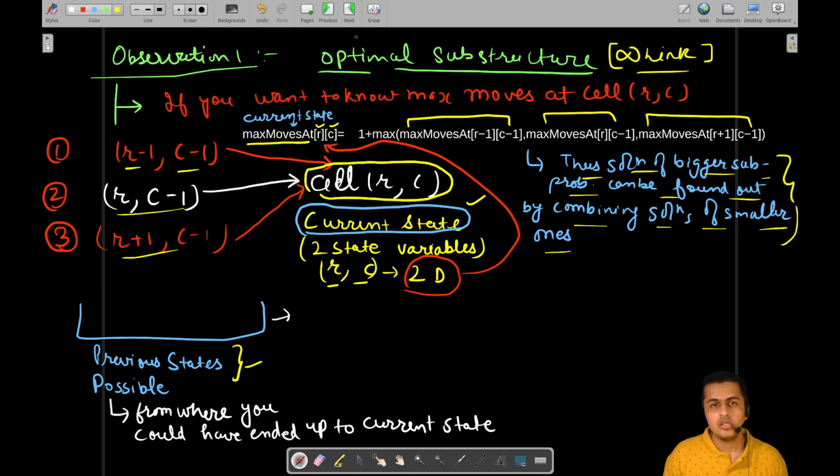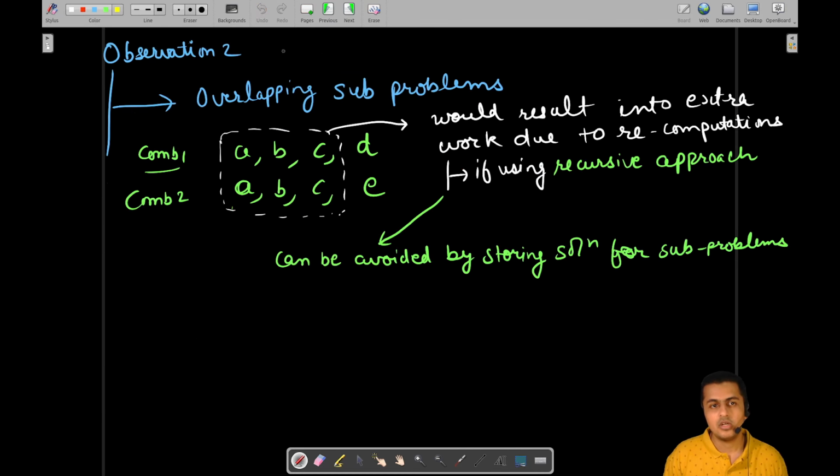So the next observation is, a link for this particular one will also be provided in the description box, so you can definitely check it out. The next property of this problem is overlapping subproblems. Let's say we are using recursion to solve this, and we are using a combination of steps to reach our final cell.